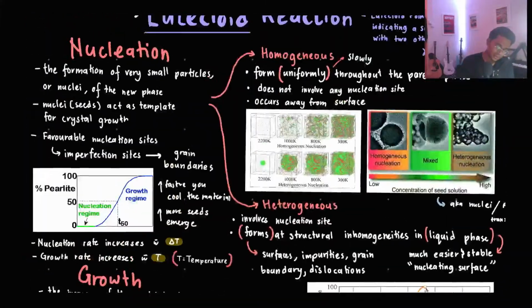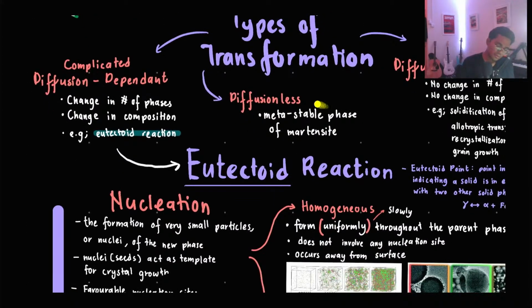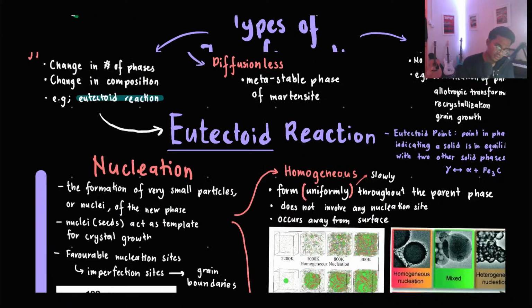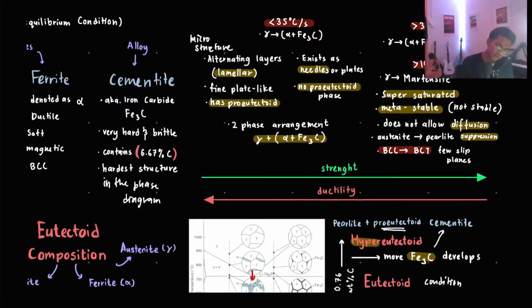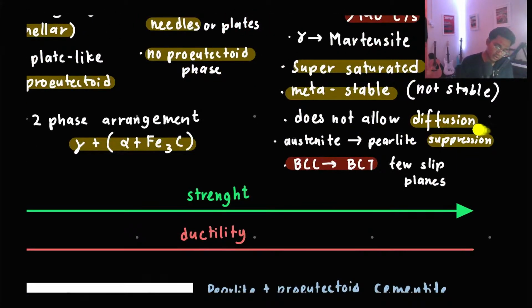Remember we said earlier the types of transformation. You have simple diffusion, complicated diffusion, and also no diffusion. So this is a metastable phase, which is not stable phase. This is the third type of the transformation. It does not allow diffusion. What it does is it transforms austenite to perlite under suppression.